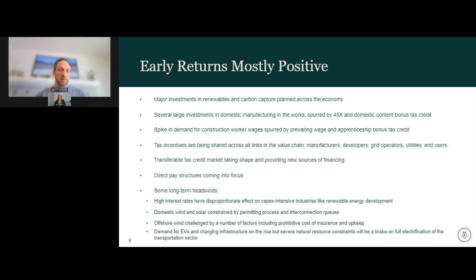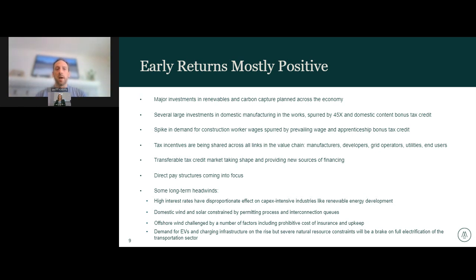So early returns, obviously, we're seeing a lot of things that were meant to be incentivized. Domestic manufacturing: we're seeing companies that already manufacture domestically ramping up their production in these other areas. Foreign producers of components for renewable energy are onshoring their operations in the U.S., all to take advantage of these credits.